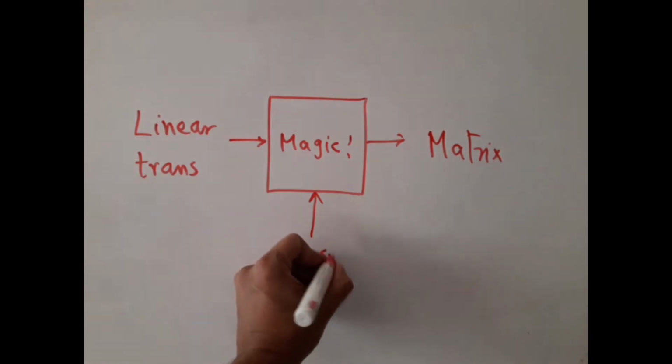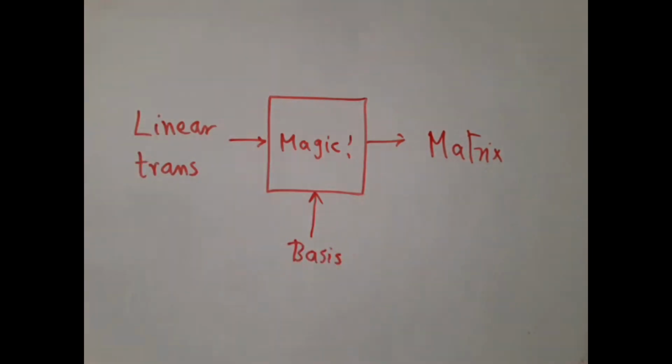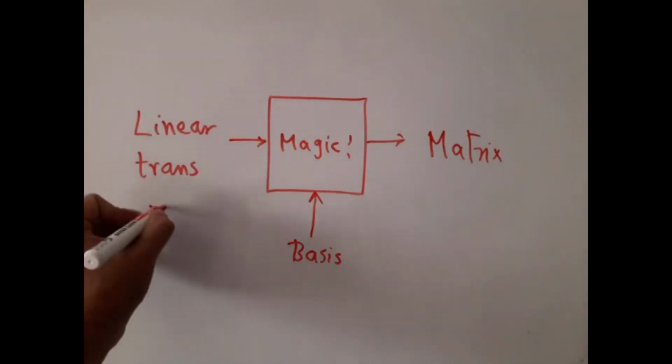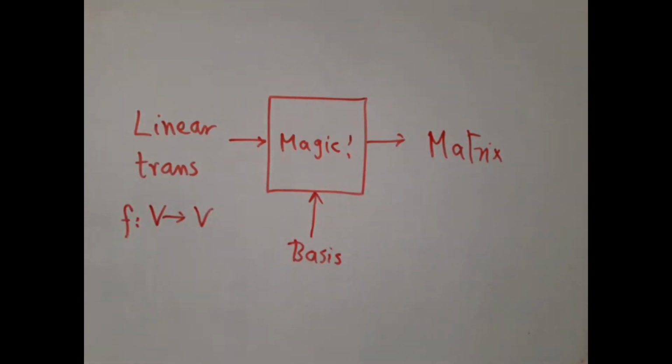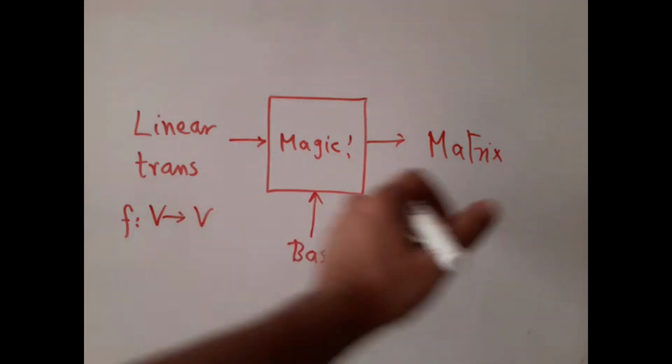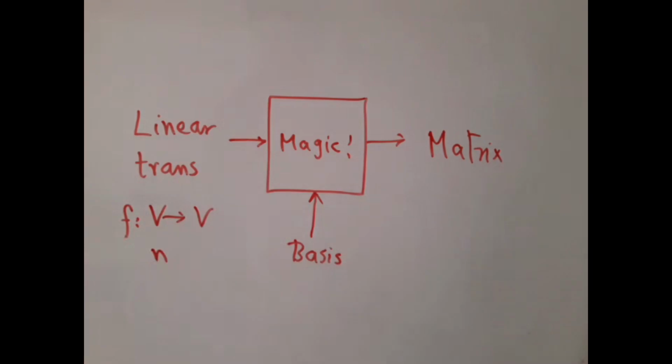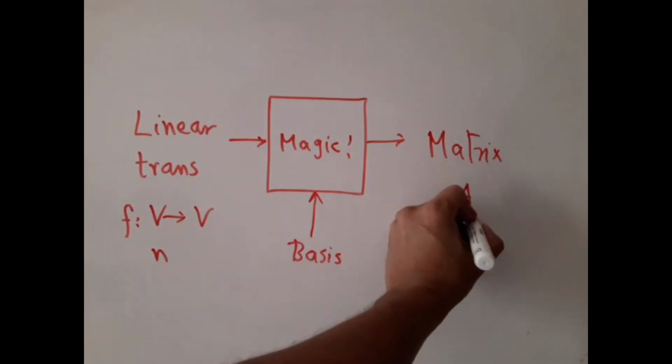So let's clearly understand this. Suppose someone gives me a linear transformation. I will be considering linear transformation from some vector space to itself. So I have some linear transformation A from V to V. I assume that V is a finite dimensional vector space, and suppose its dimension is n, in that case a matrix will be n by n.